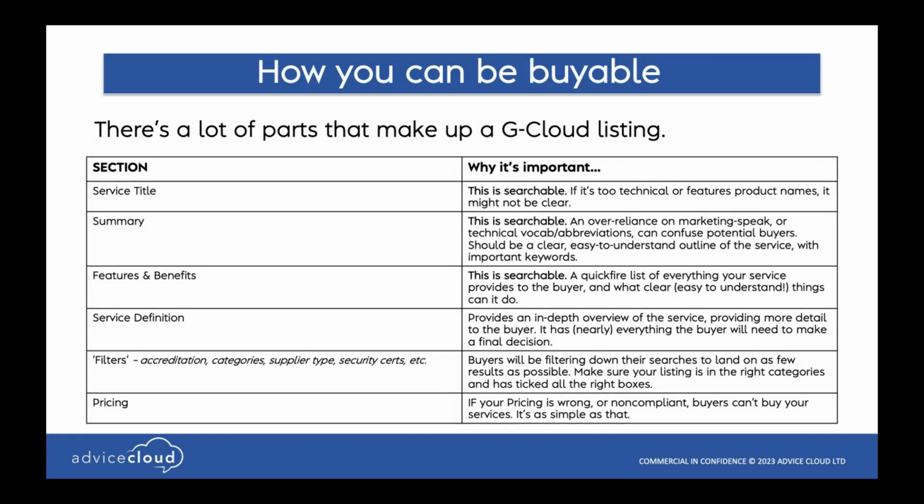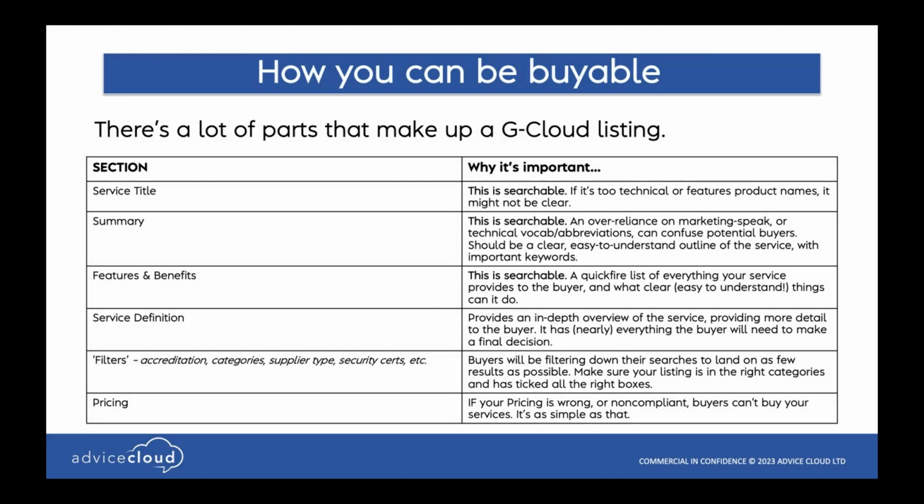Now, in the service title, I think you've got 10 words. In the service summary, you've got 50 words, and for features and benefits, you've got up to 200 words that you can have. So this is a really good way for you to put in exactly what your service does.